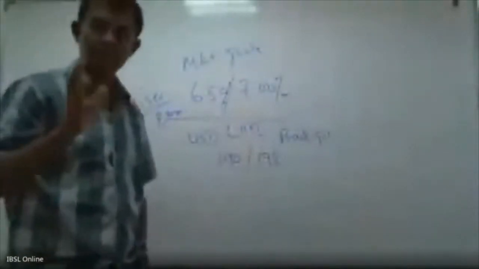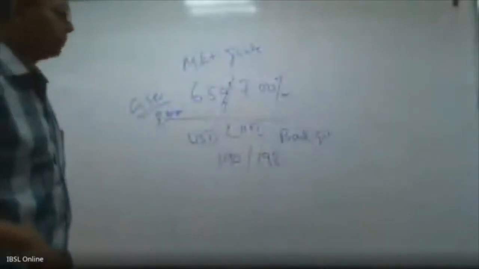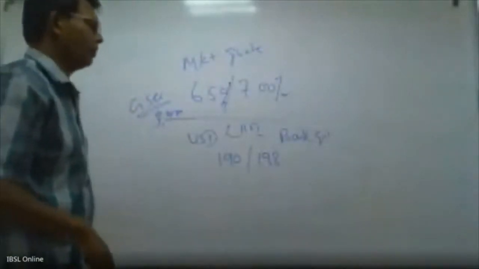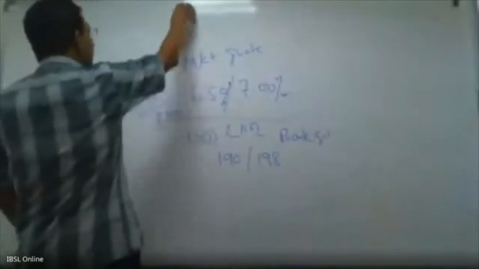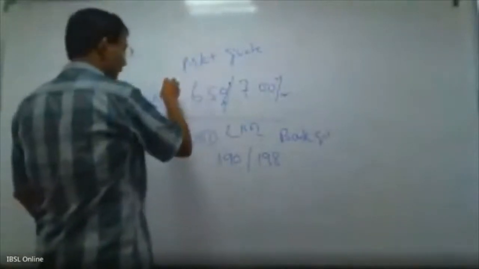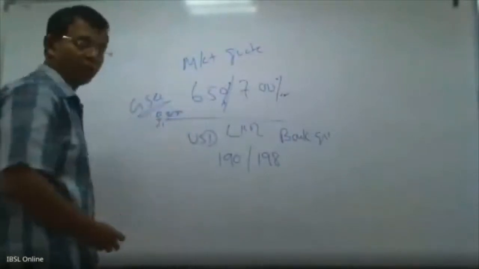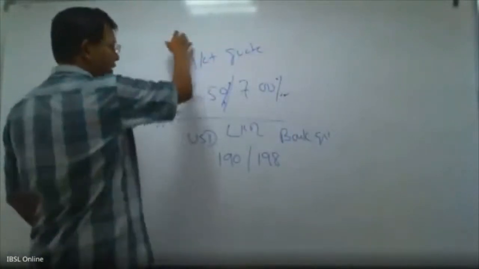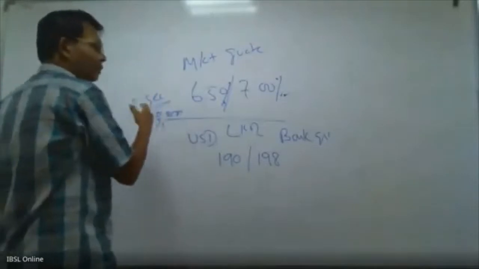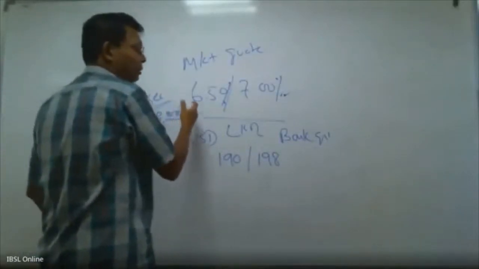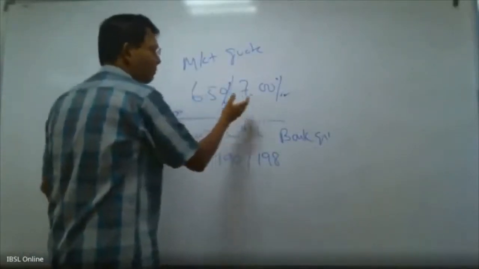Now think. The seller is willing to sell this government security, a treasury bond he was holding, at 6.5 or 7%.